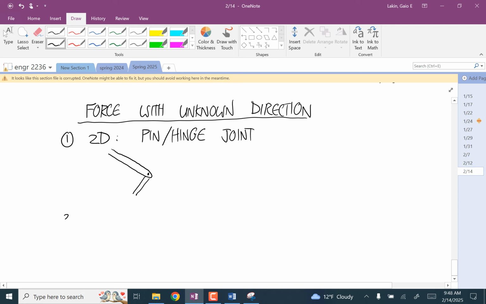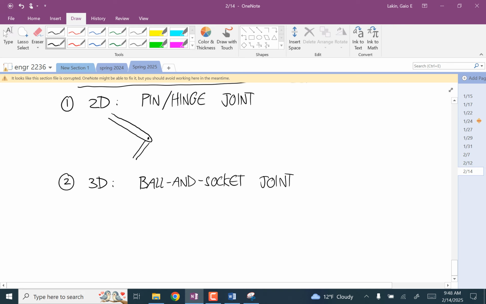And then in 3D, the version of that that we'll deal with is a ball and socket joint, something like this that allows this body to rotate in any direction.